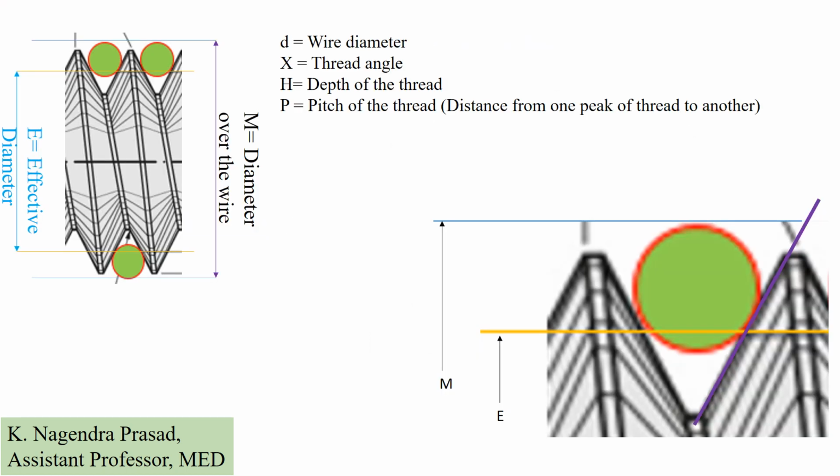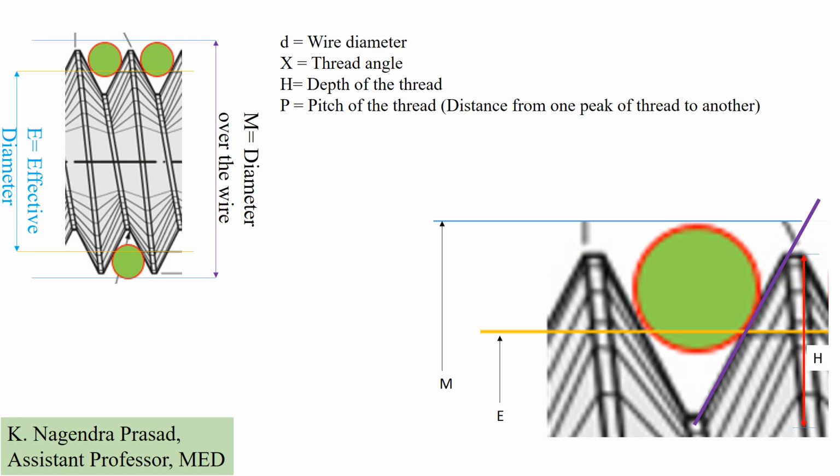Let's see the geometry of the 3-wire method setup for measurement of the effective diameter. Here capital M is the diameter over the wires, which is measured by the micrometer, and capital E is the effective diameter. Let's see a magnified view of the wire geometry.